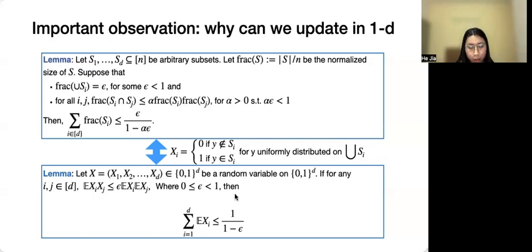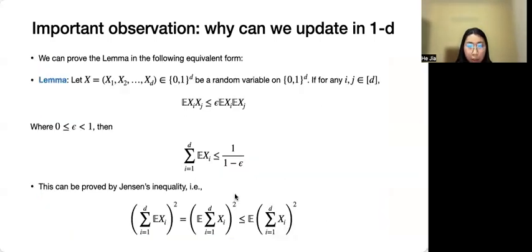And the second one, we can see it's easy to prove by Jensen's inequality. So this is the conclusion we want. Now we take the square of the left-hand side. By Jensen's inequality, the square of the left-hand side is upper bounded by the expectation of the square of the sum of Xi.